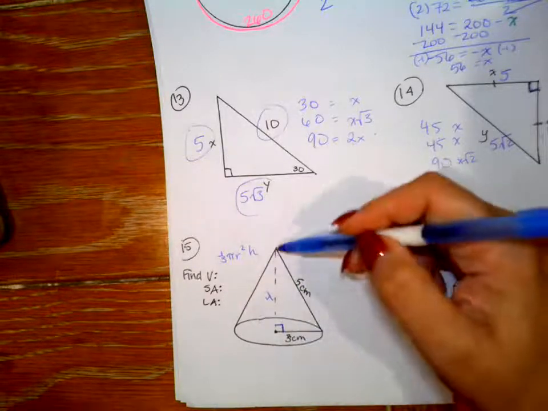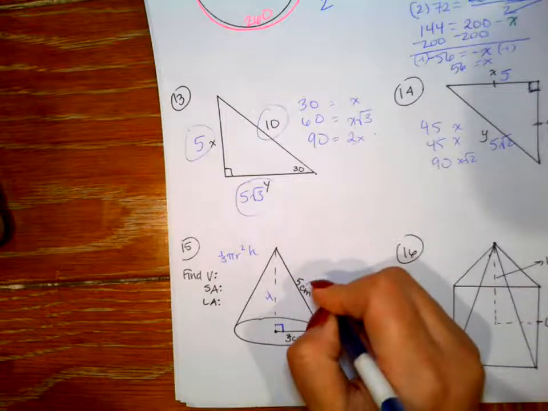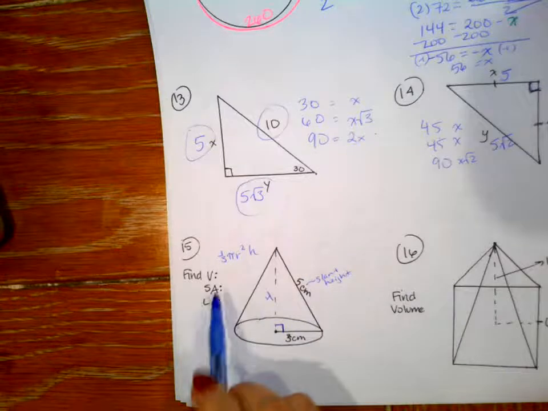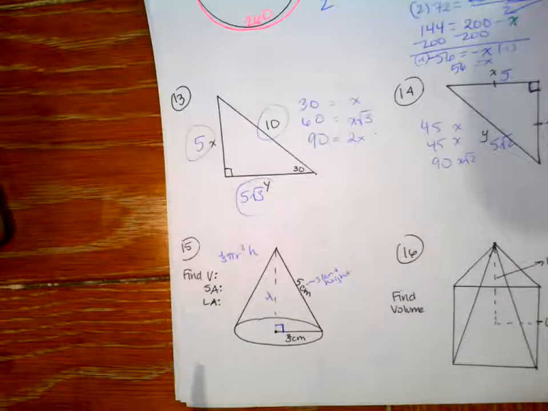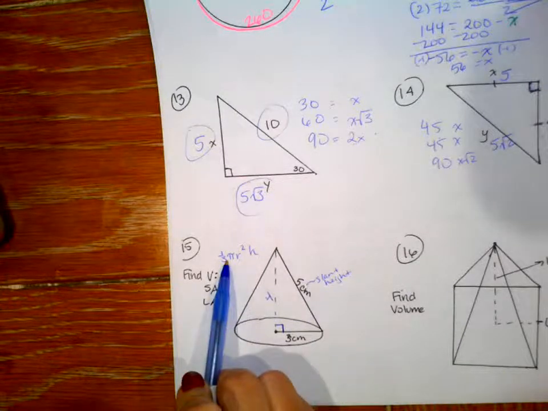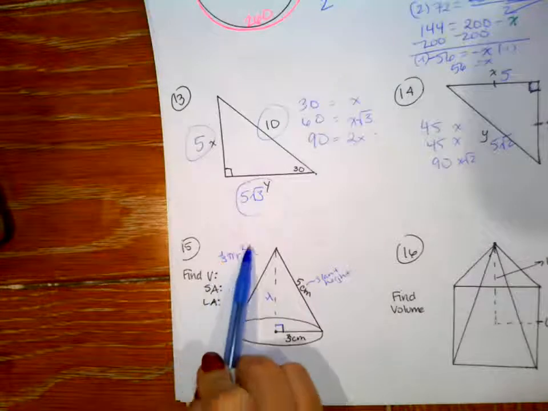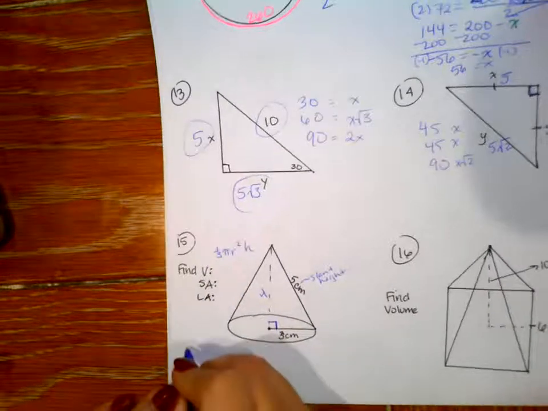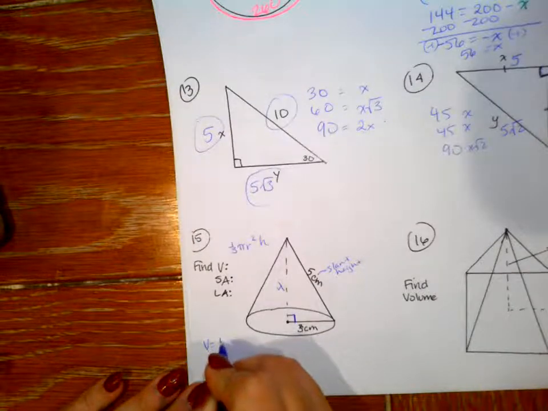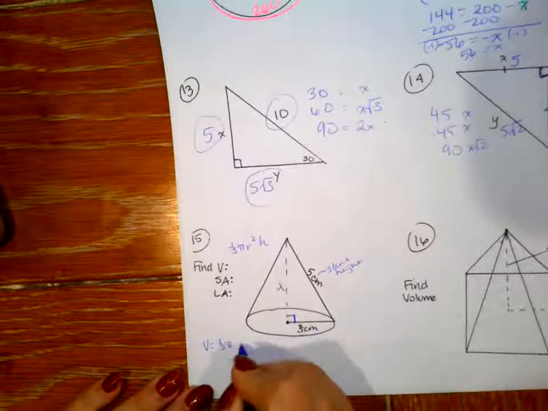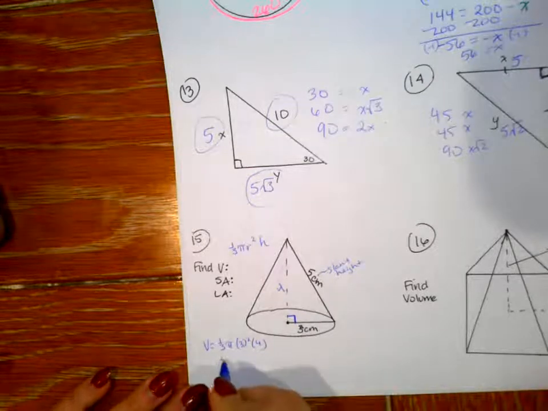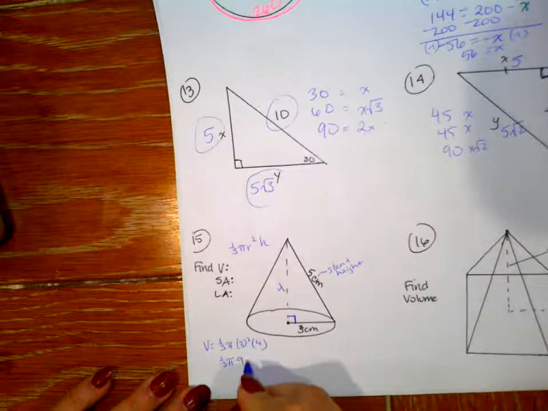I'm going to need this, which is my slant height. I will need that to find surface area and lateral area. Okay, so let's find the volume. 1/3 pi r squared h. My radius is 3. I'll come down here and do this. So volume is equal to 1/3 pi 3 squared times 4. I get 1/3 pi 9 times 4.